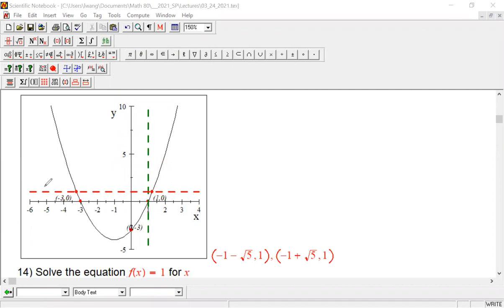This point is (-1 - √5, 1). That's the input, and the output is 1. And this point is (-1 + √5, 1).